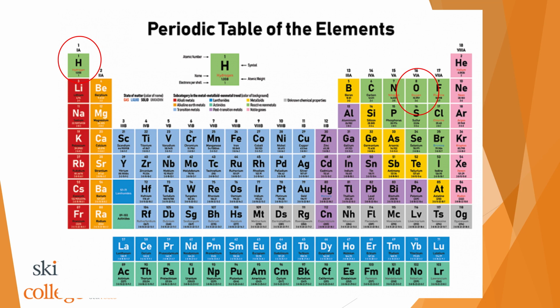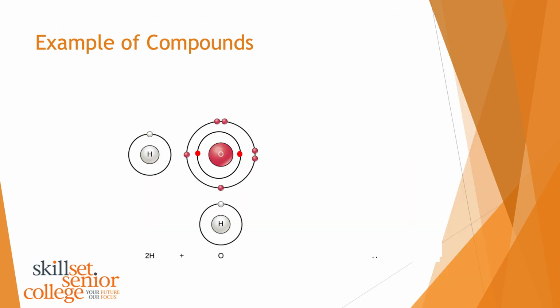Oxygen is number 8, so it has 8 protons, 8 neutrons and 8 electrons. Therefore it has 2 electrons in the first electron shell, and the last 6, to make 8, are in the second electron shell. We know that electron shell wants to be full. To be full, it needs another 2. It has 6 in that shell, so it needs another 2. We'll look at that just now.